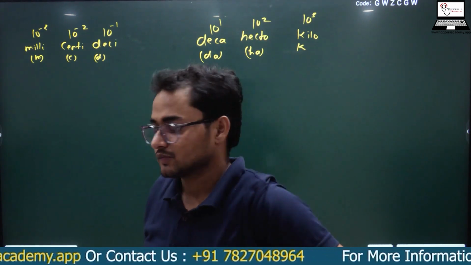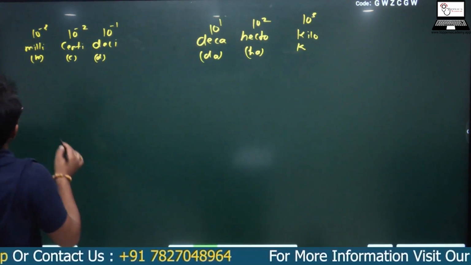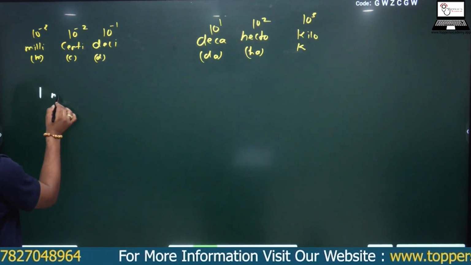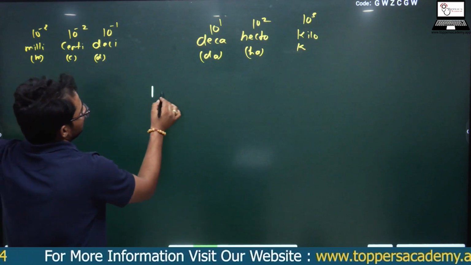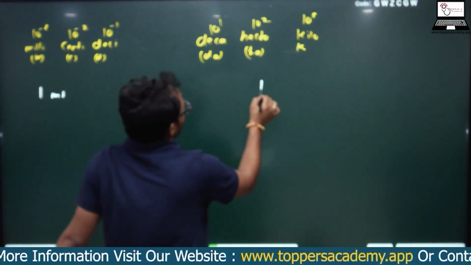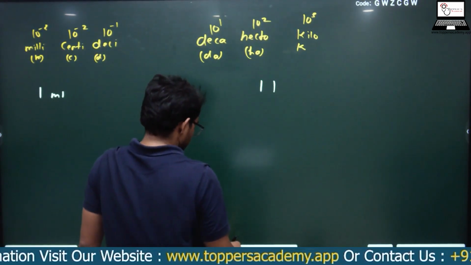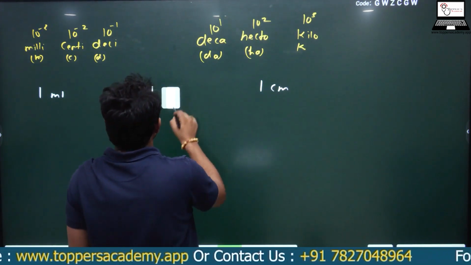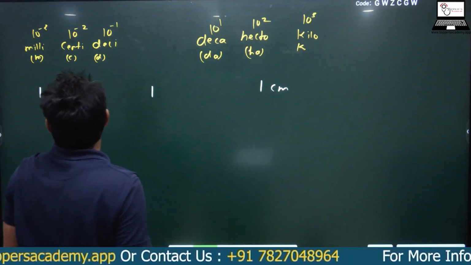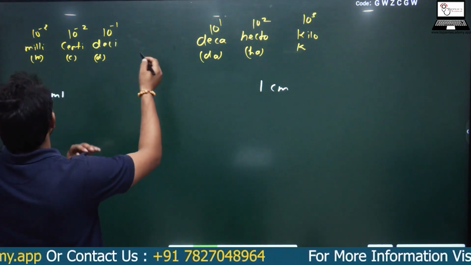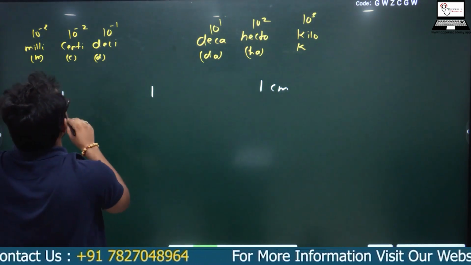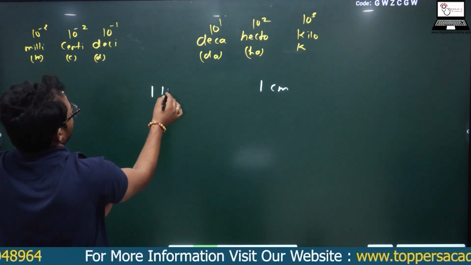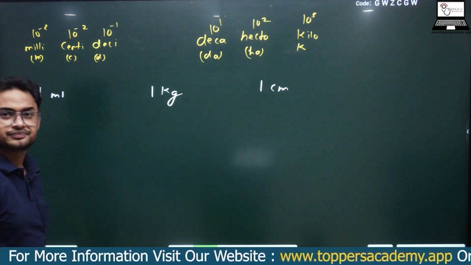Right? Listen. Now suppose here you have 1 milliliter, 1 kilogram, 1 centimeter. Now listen.